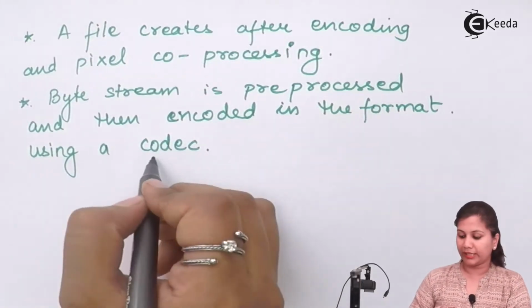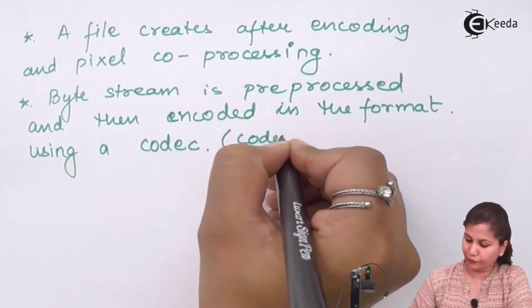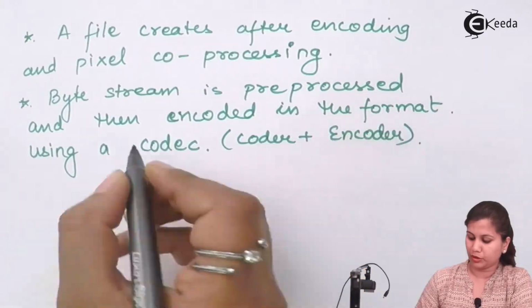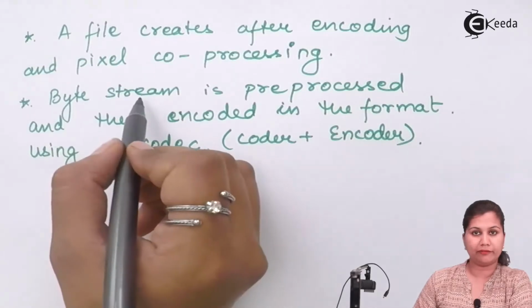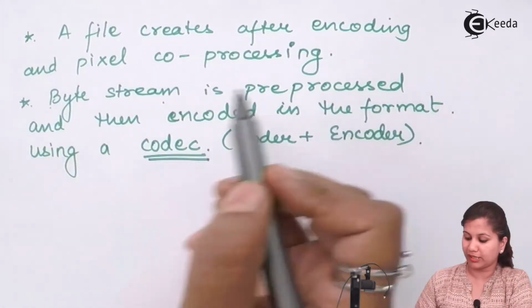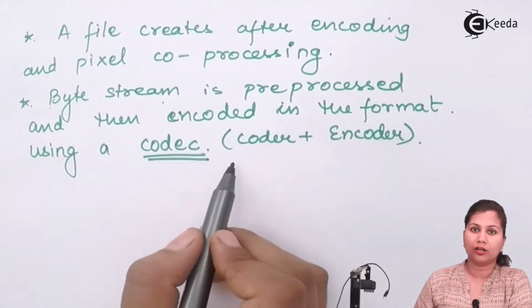Codec is the coder and encoder. It is the combination of coder plus encoder, that is called a codec. So in that standard format, for every picture a byte stream will be generated. So this byte stream is processed and then it is encoded in the standard format using a codec.